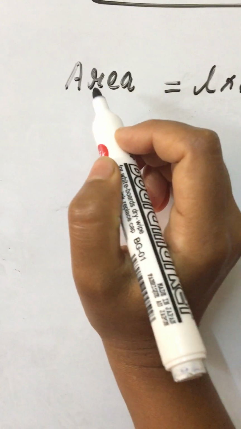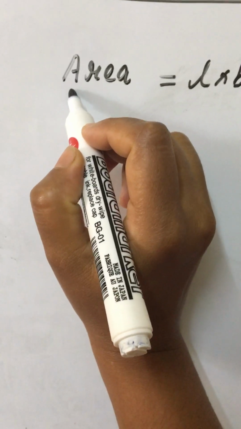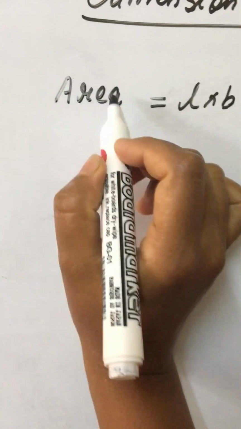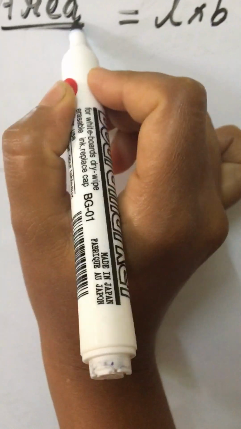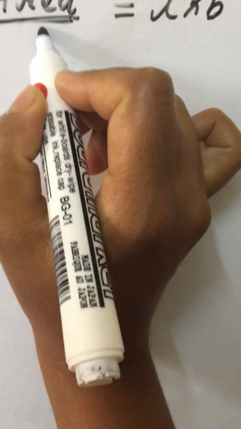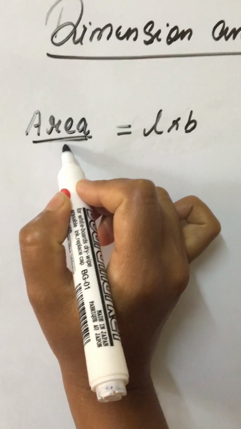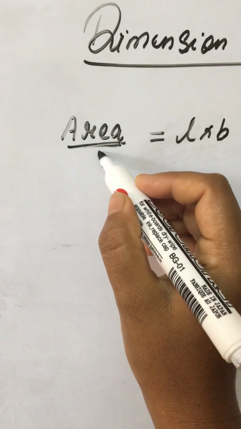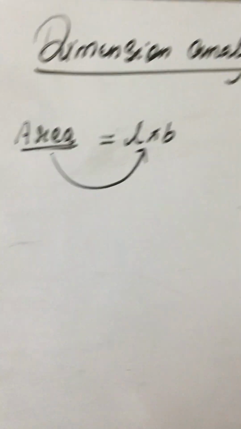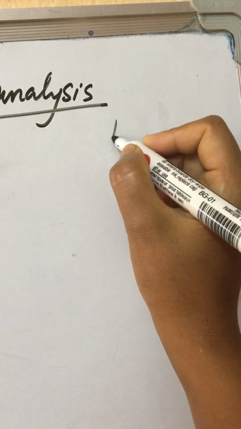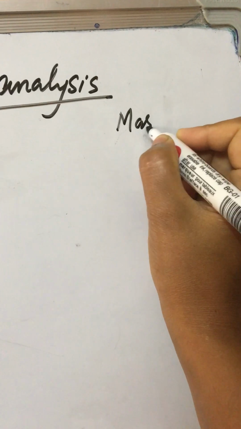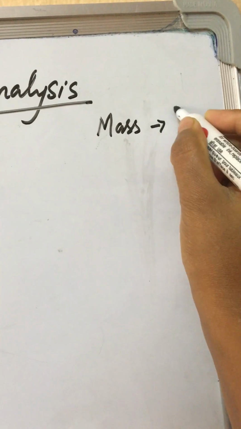But this is not a fundamental physical quantity. As area is not a fundamental physical quantity, it should be coming from the fundamentals, right? So what fundamental physical quantities does it involve? Then you need to remember, we write mass as M this way.